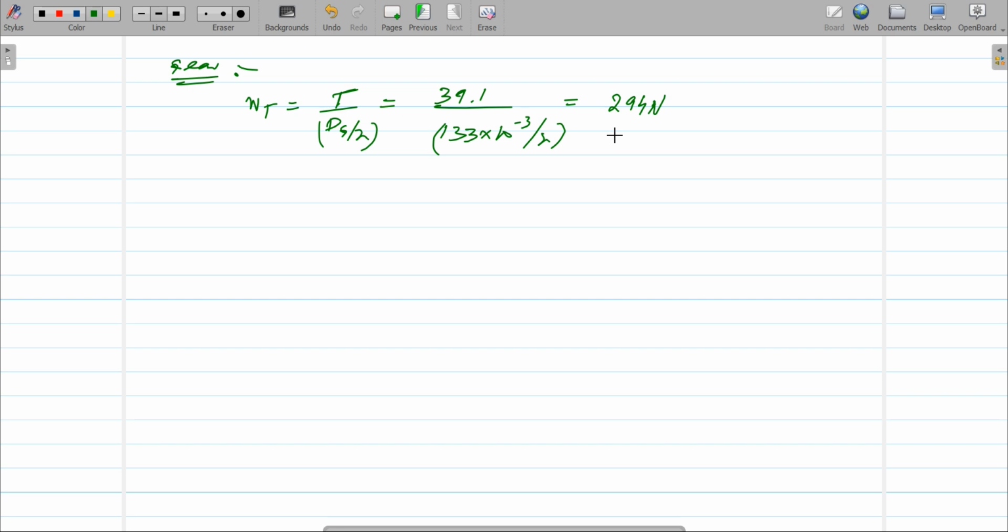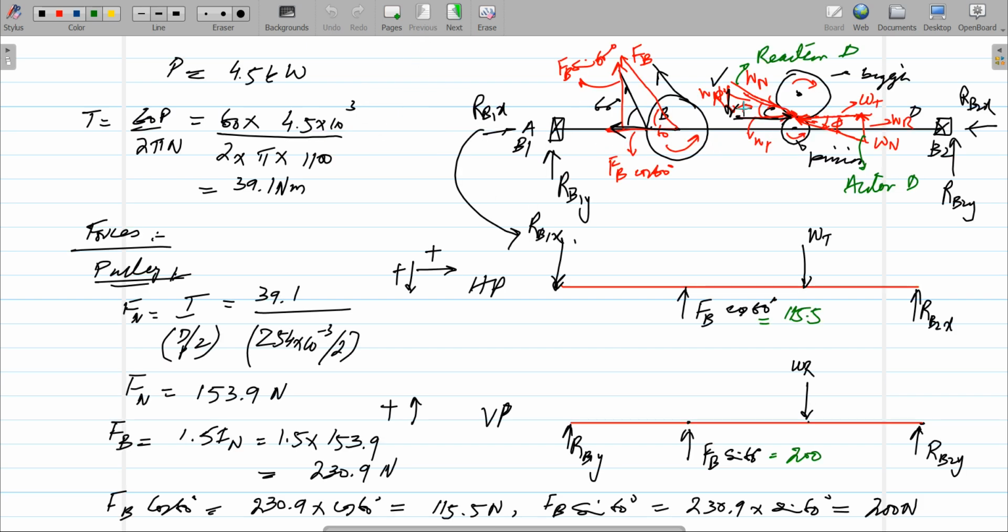This is the tangential force. So the radial force, based on this triangle, if I isolate this triangle here, this is called WR, this is called WT, this is called WN, this is called phi. So we know that tan phi equals WR over WT.